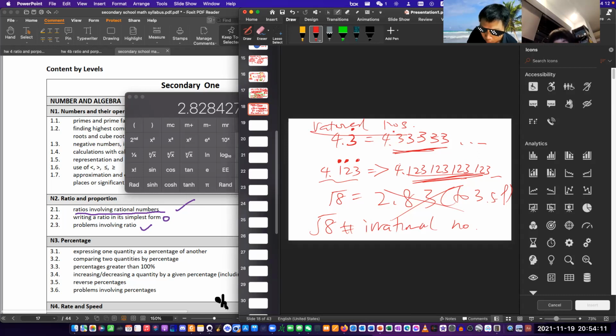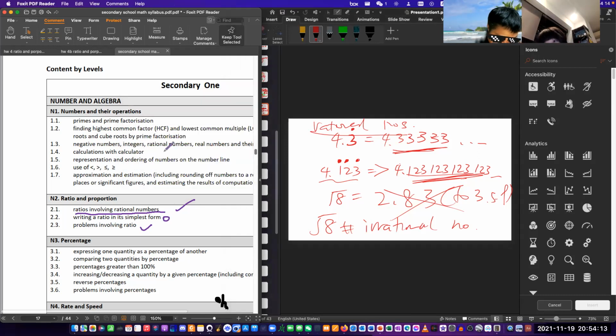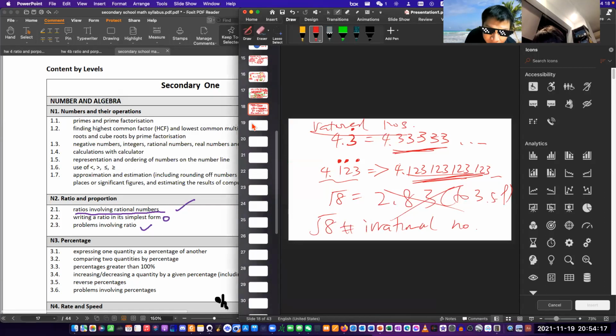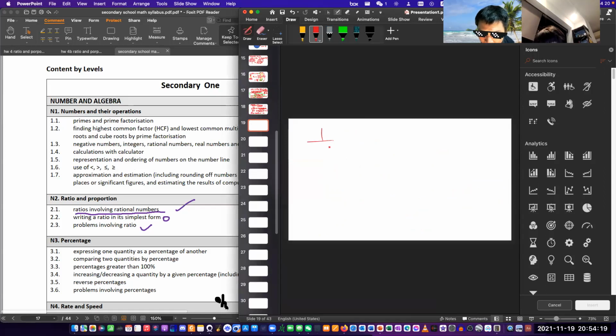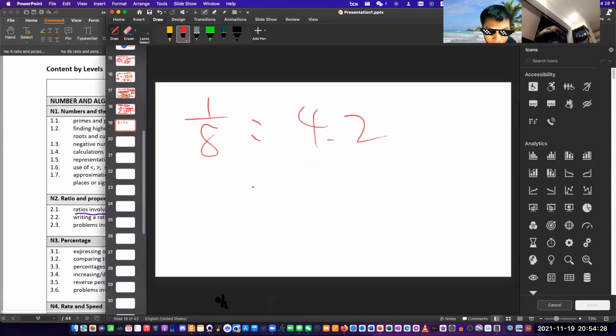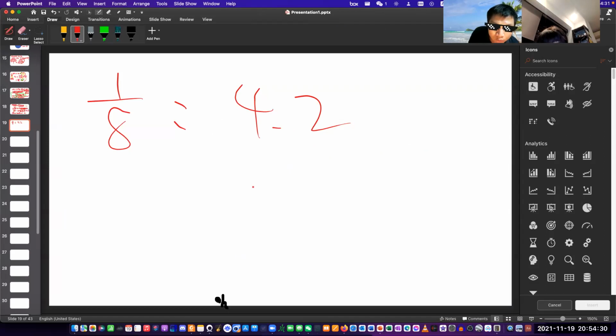Yes. Good. So that's ratios involving rational numbers. So basically, you are going to have a lot of this. Let's say you are going to have 1/8 to 4.2. How are you going to solve this? You are going to make it the same format first.